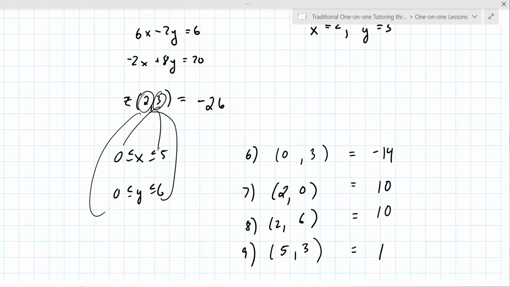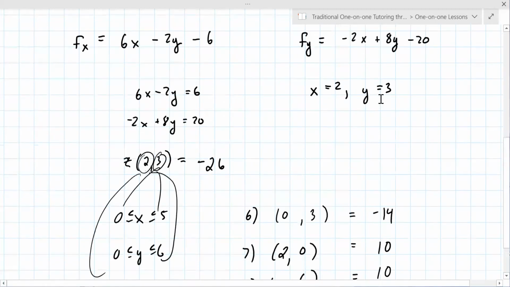So how did you, so you just found the Z. You got the X and Y from the Z, or from the derivative? From the system. Remember we took fx and fy, and we got x is 2, y is 3 as your critical point. And then I believe you use one of those X values with the other 2 Y values at the edges. And then same thing with the Y, you get that Y.